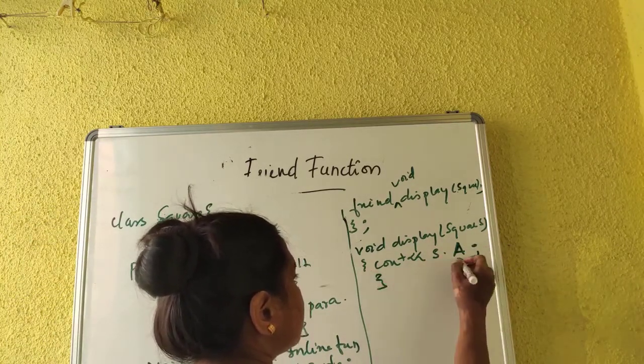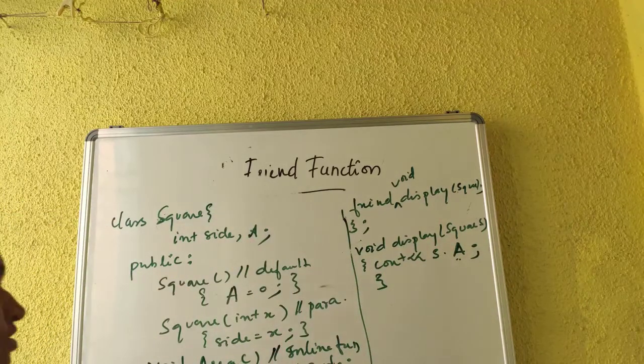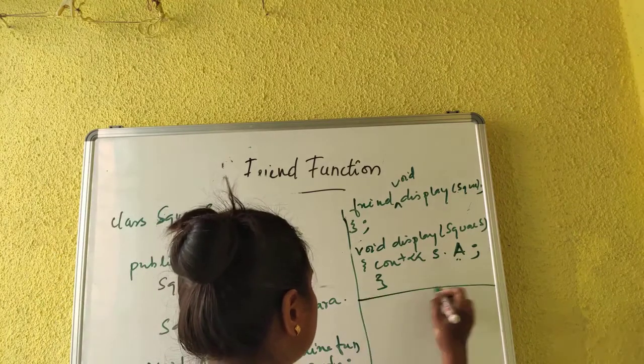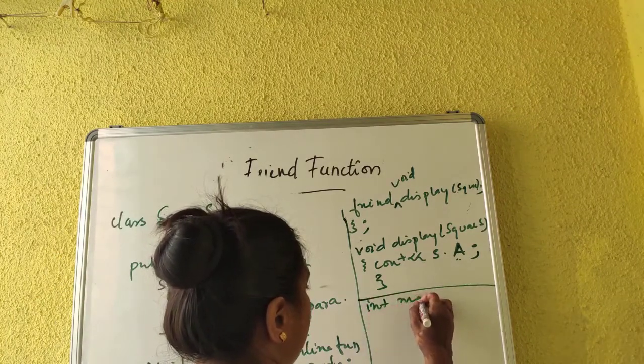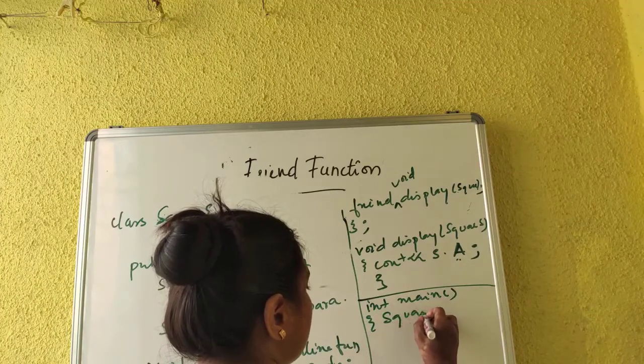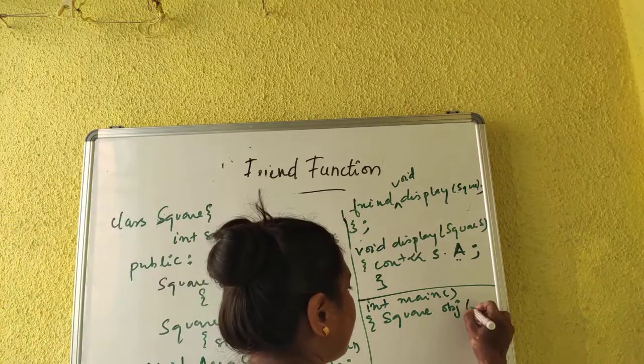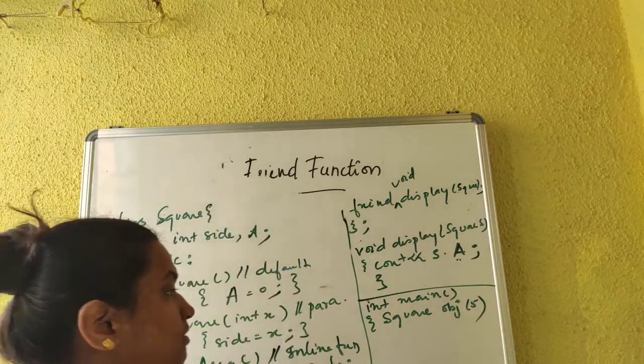A is a private member, still I can access it inside the friend function. Then int main. Inside main, square object, and I'm writing 5.